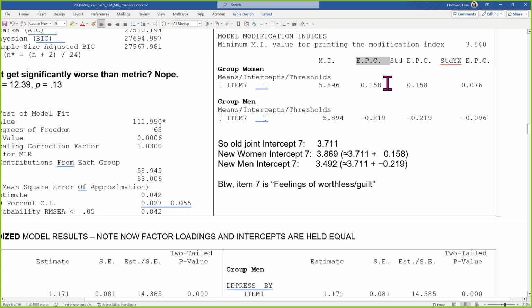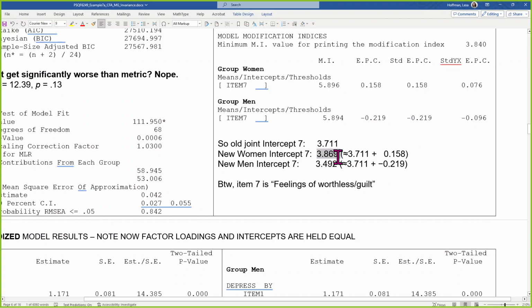That is telling you how much the intercept would change if you release the constraint. So, in English, the intercept for item 7 wants to be higher by 0.16 in women. That's what this is telling you. In parallel, it wants to be lower by 0.2 in men.